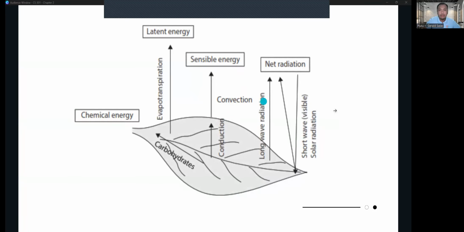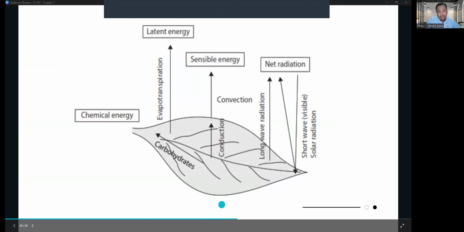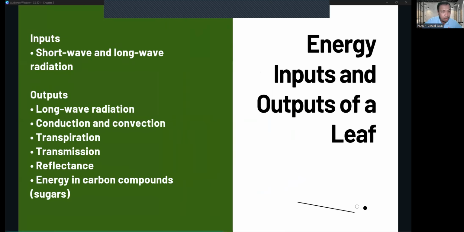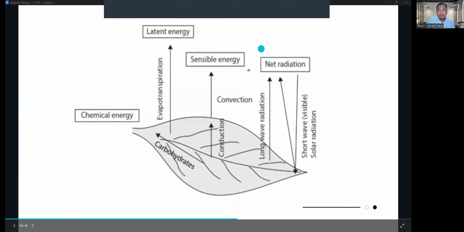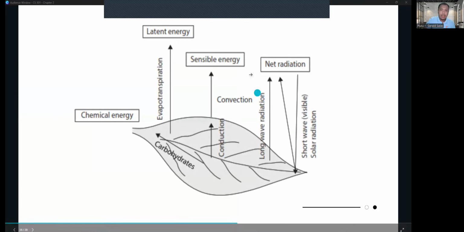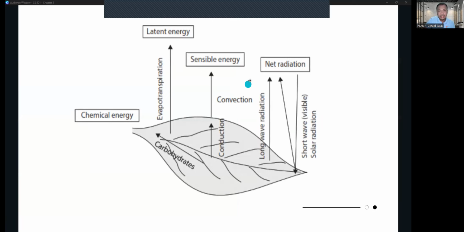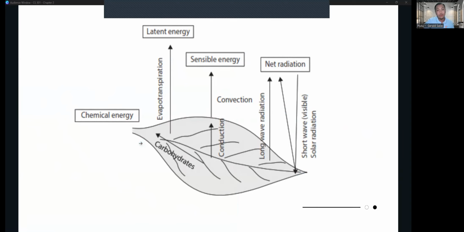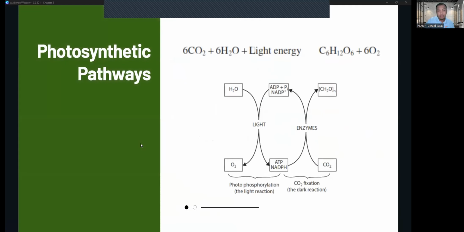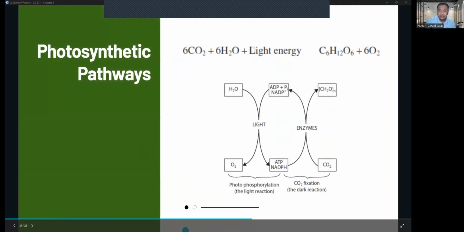So these outputs are actually grouped accordingly. We have the net radiation, the sensible energy, the latent energy, and the chemical energy. So these are the energy that is being processed inside a certain leaf. And the most common, of course, is photosynthesis.